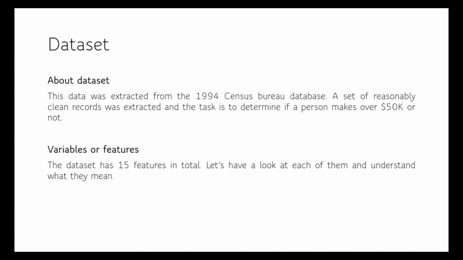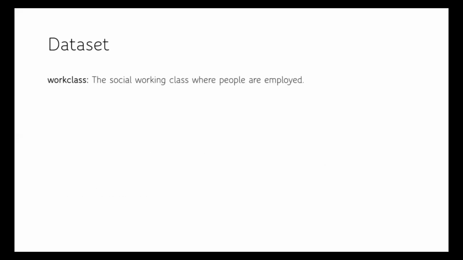The dataset has 15 features in total. Let's have a look at each of them and understand what they mean. So the first column is age, which represents the age of a person. Next, we have the column of work class.